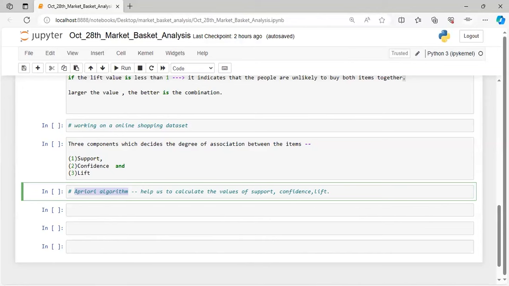So we used the recommendation engine concept. Up to that point we have to transform the data. Then only we will apply the Apriori algorithm.